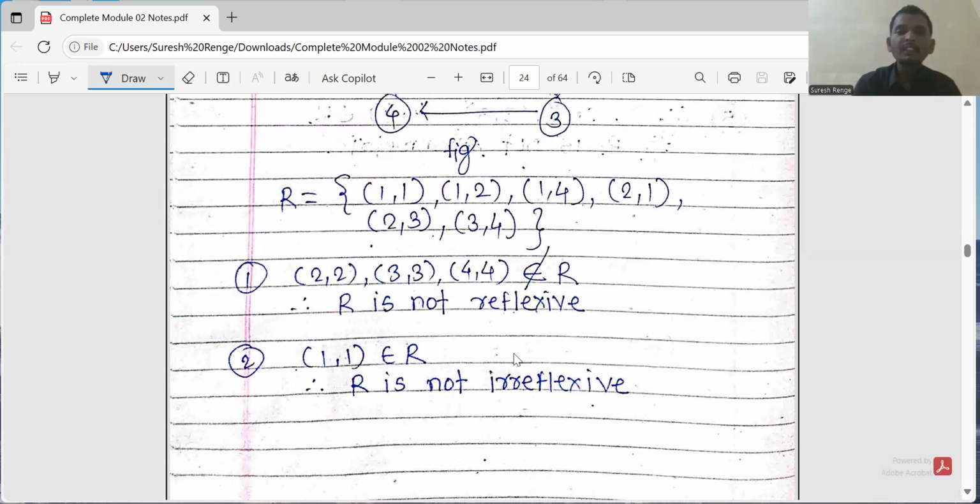What is the definition of reflexive? Each and every element present in the set, 1 1, 2 2, 3 3, 4 4, must be related to itself. Here 1 1 is available, but 2 2, 3 3, and 4 4 are not available in that relation. Therefore, R is not reflexive.